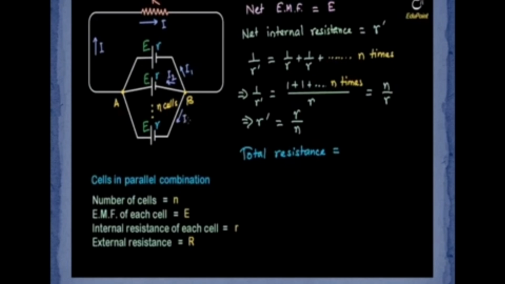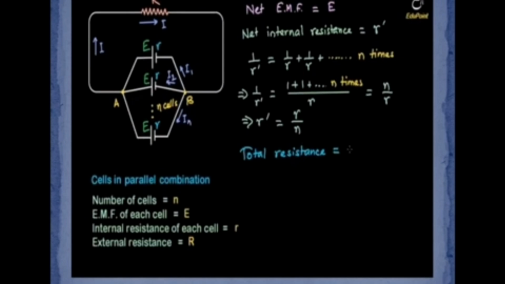So the current flowing through them is different at different points, point B and point A, and the resistance R. Because of the variation of the resistance, the total resistance we are considering means the internal resistance of all the cells plus the resistance connected externally.